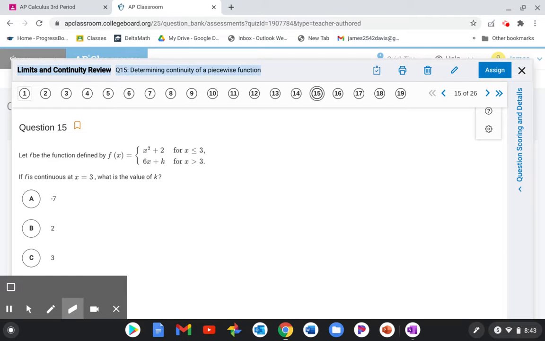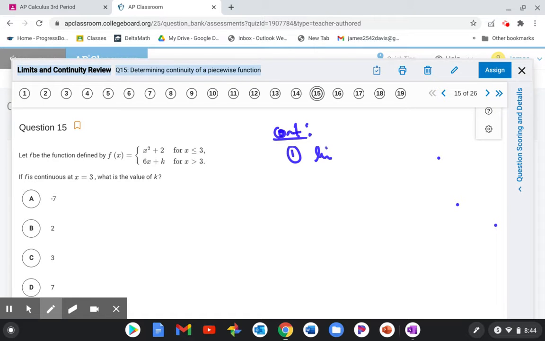For this one, this is a piecewise function, and we need to make this function continuous. For a function to be continuous, this is the definition of continuity. The first one is that the limit as x goes to c exists.